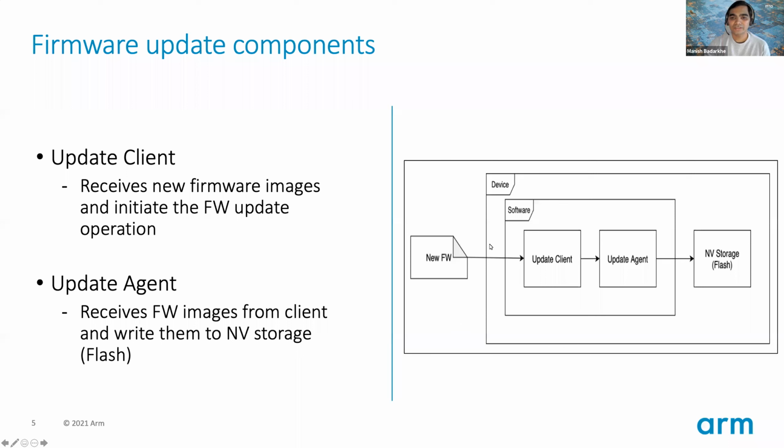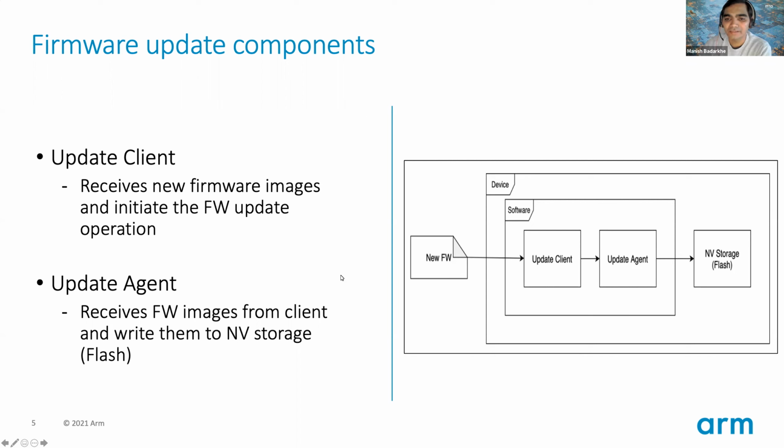As I showed in the last diagram, we have a device. There is some software running inside the device. The firmware update specification introduces two terminologies: update client and update agent.